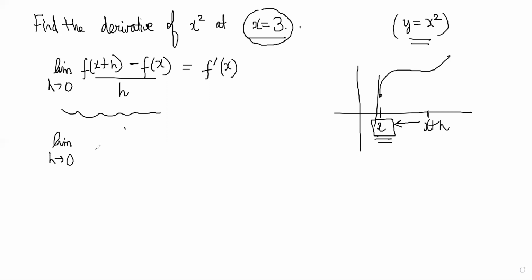Because the thing won't be defined. How are you getting 0? If you take x as 3, no, don't take x as 3 right now. First find the value of this limit. I'm asking you to first find the derivative for any x. When you get the answer, then put x equal to 3.